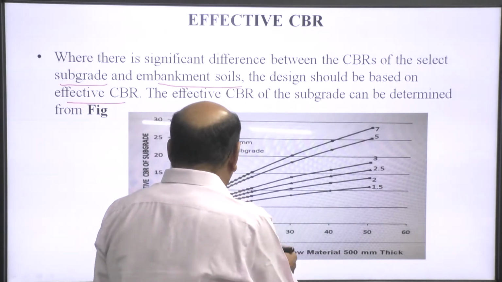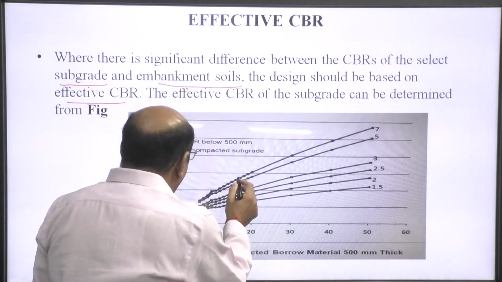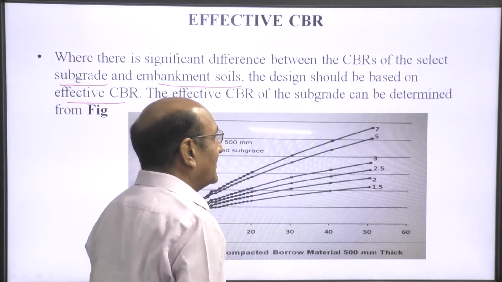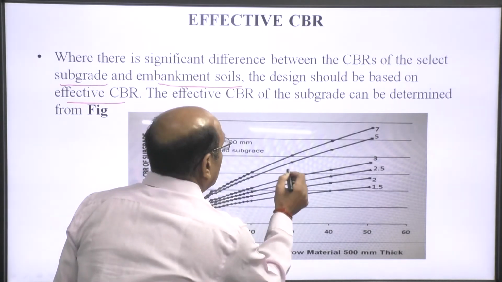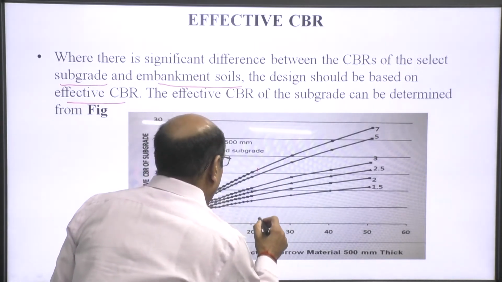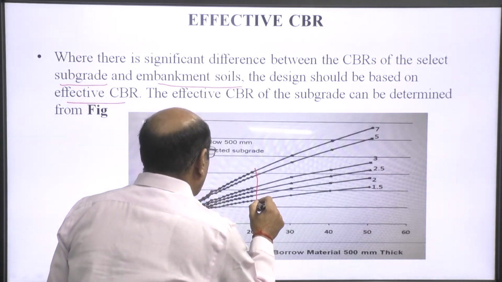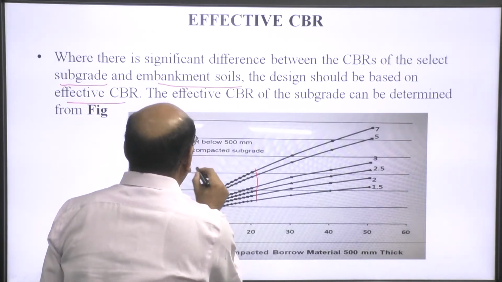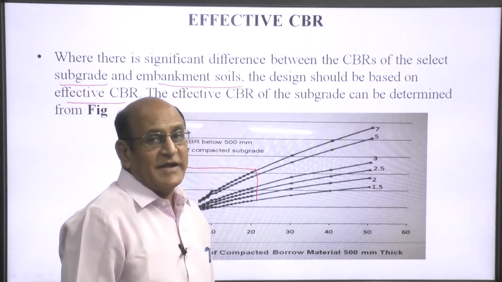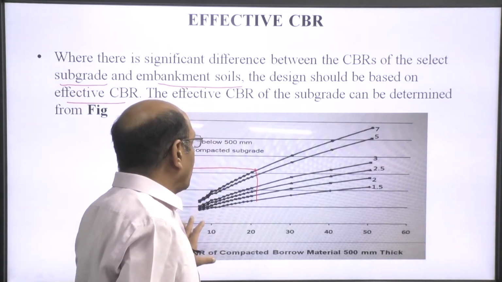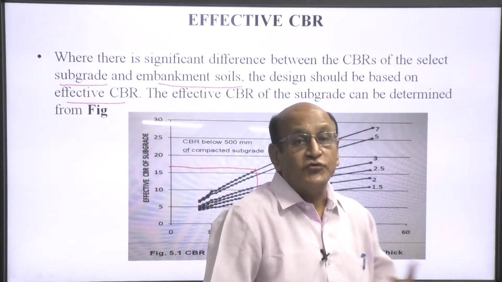If necessary, we can extend it. Suppose here is a 7, the effective CBR will be say 16 or 17. So, effective CBR can be calculated by this chart and that can be used.